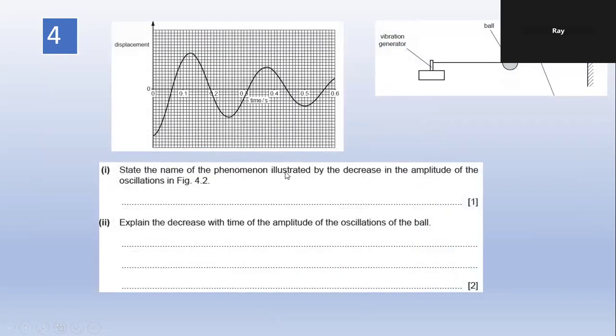State the name of the phenomenon illustrated by the decrease in amplitude of the oscillation. What do you call this type of oscillation? Damping. Not diffusion. Light damping, heavy damping, critical damping.